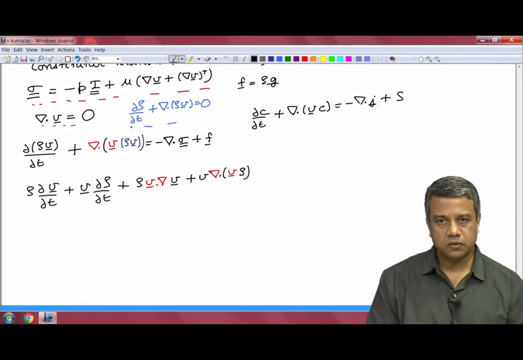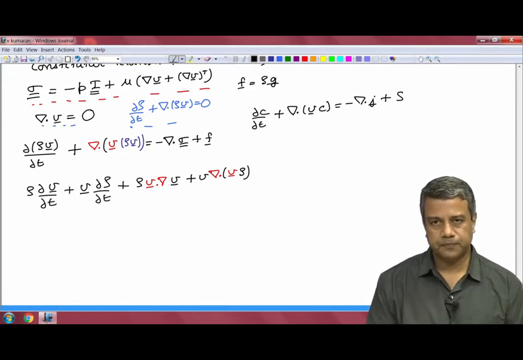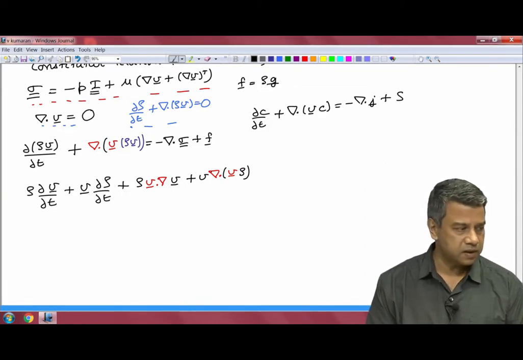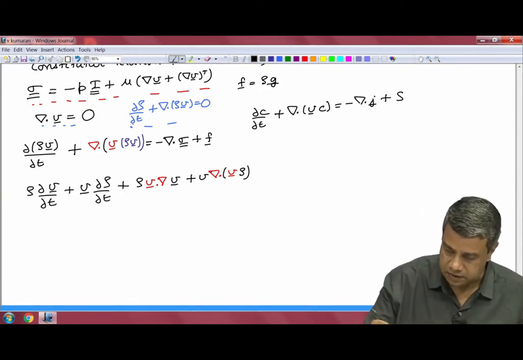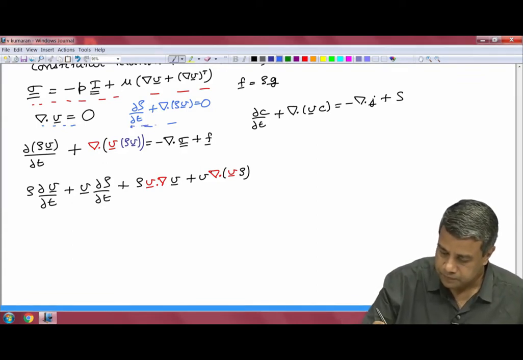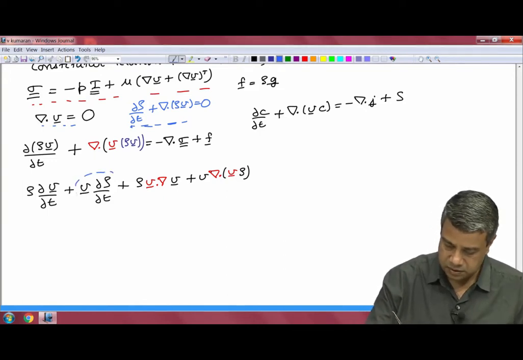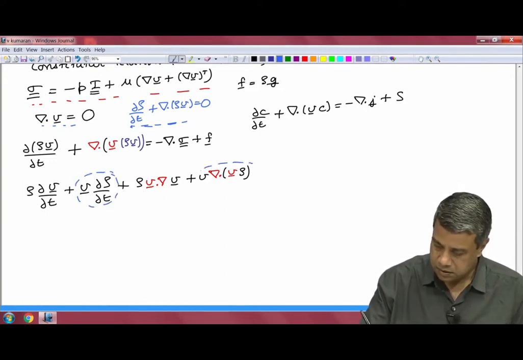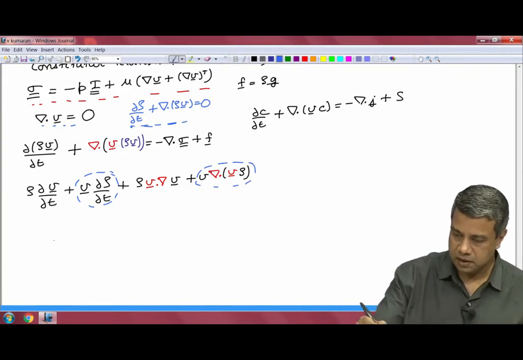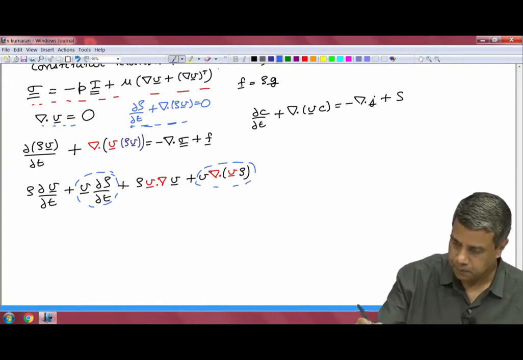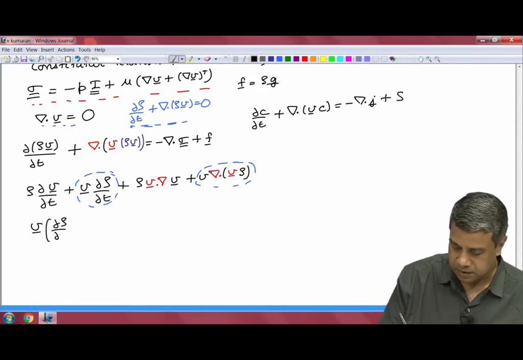Okay, so those are the two terms in the expansion. Recall the momentum conservation equation for a compressible flow over here. Therefore, these two terms can both be written together as v into partial rho by partial t plus divergence of rho v.